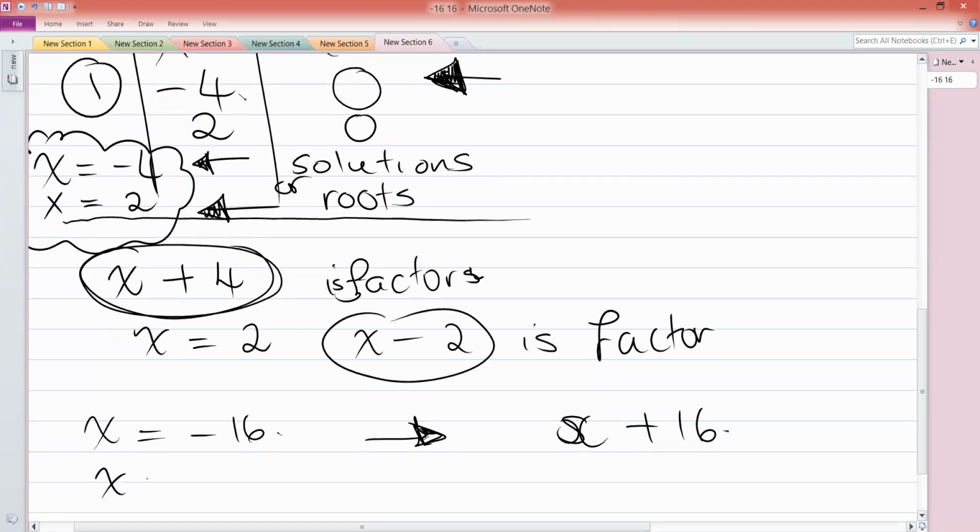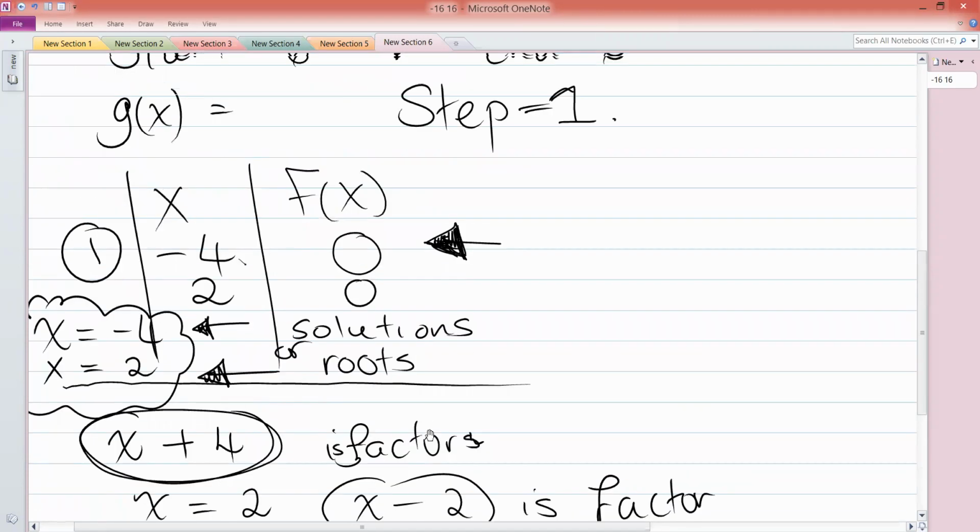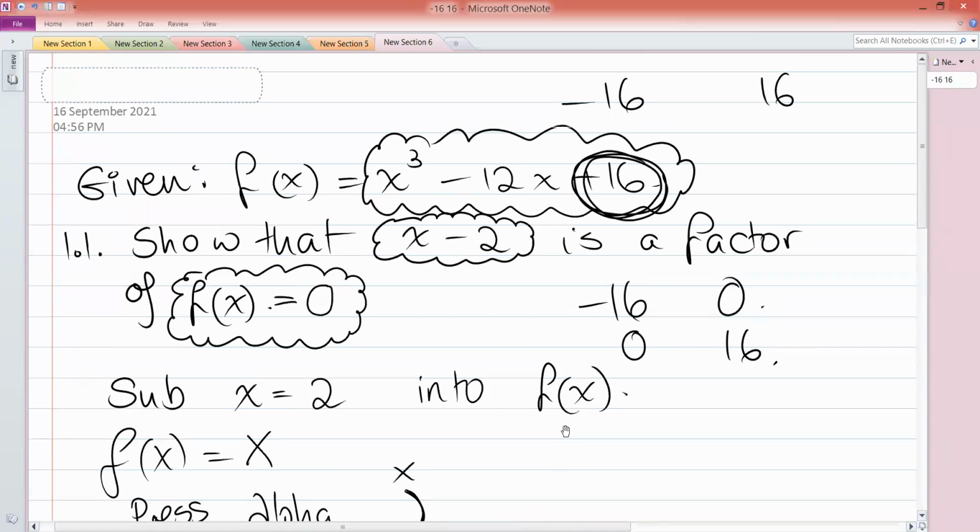Let's say we got x is equal to 8 as a root or a solution, then the factor would be x minus 8. Do you guys get the difference between the solutions and roots and then the actual factors? Yes, ma'am. Okay, perfect.